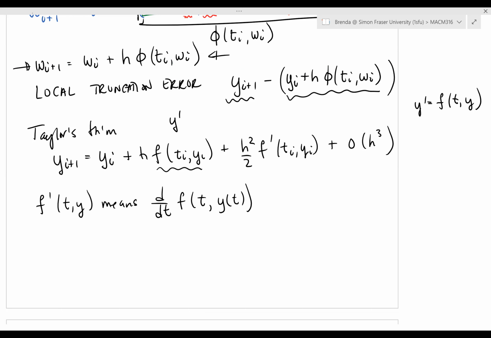That means this will look like this: the derivative with respect to t of f of t, y, plus this, which brings in y. Then we'll take the derivative with respect to y and multiply by y prime. This is implicit differentiation.